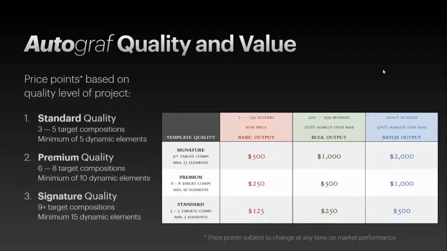The next tier is a little more of a markup: the bulk output license would be $250, and for an infinite amount, 1,000 plus, you would look at $500. That's just the standard. This matrix is essentially how we're going about pricing these products.